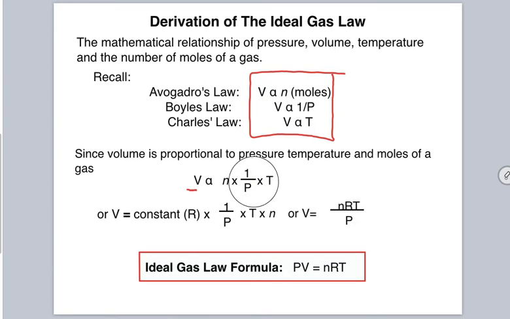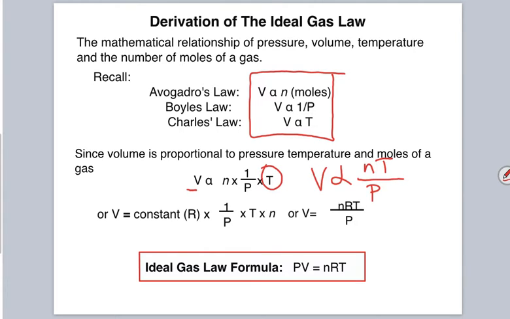We also see evidence of Charles' law, that volume is proportional to temperature. And so we could combine these three things, right? We could say that volume is proportional to number of moles times temperature divided by pressure.